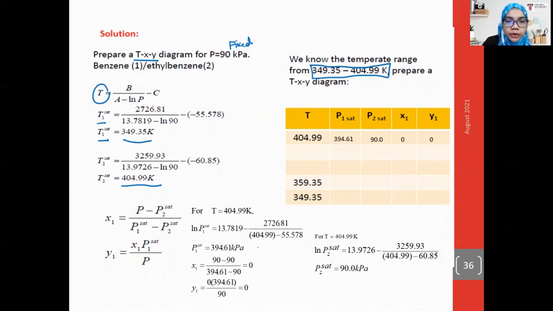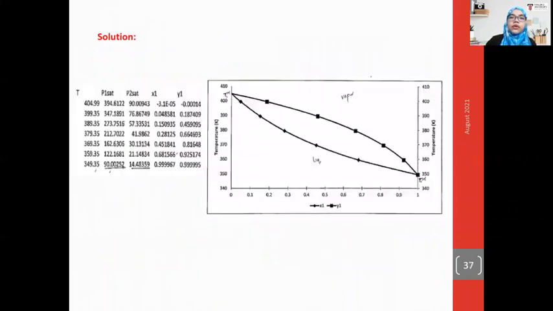And then we may proceed to determine our P1 saturation by inserting the value of T saturation here. So we can get the value of P1 saturation and P2 saturation, and then you can determine your S1 and S2. And then finally, you can plot the graph here.